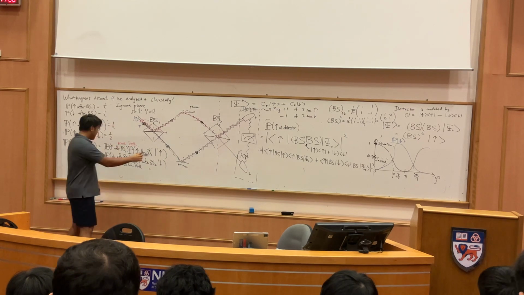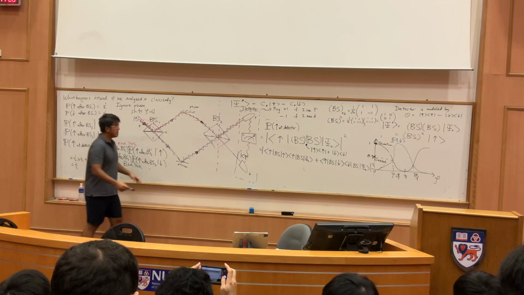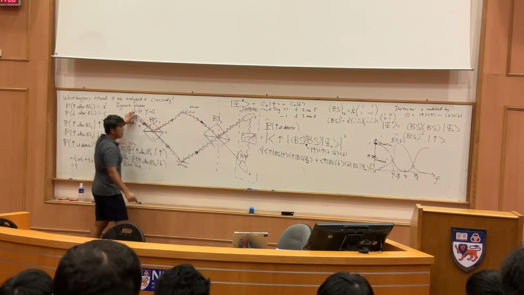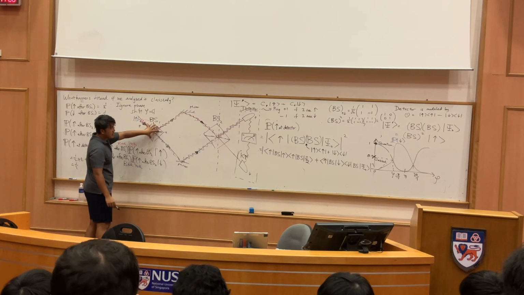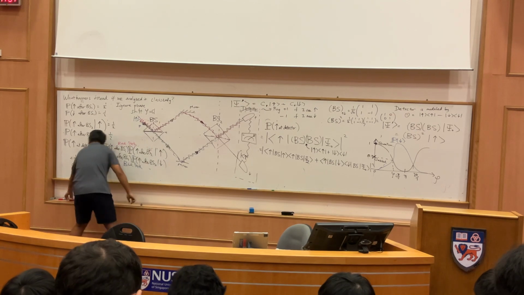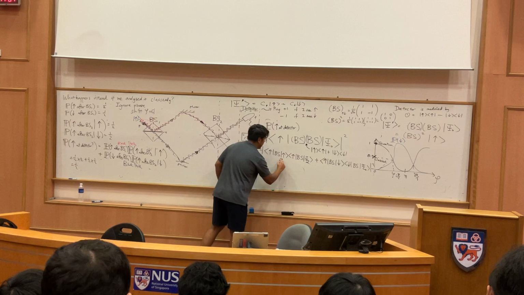And then we again have the same interpretation of different paths. Because if you trace it out, you begin from the initial state, psi 0. You undergo the BS, and then you end up in the up path. So that's the red path.